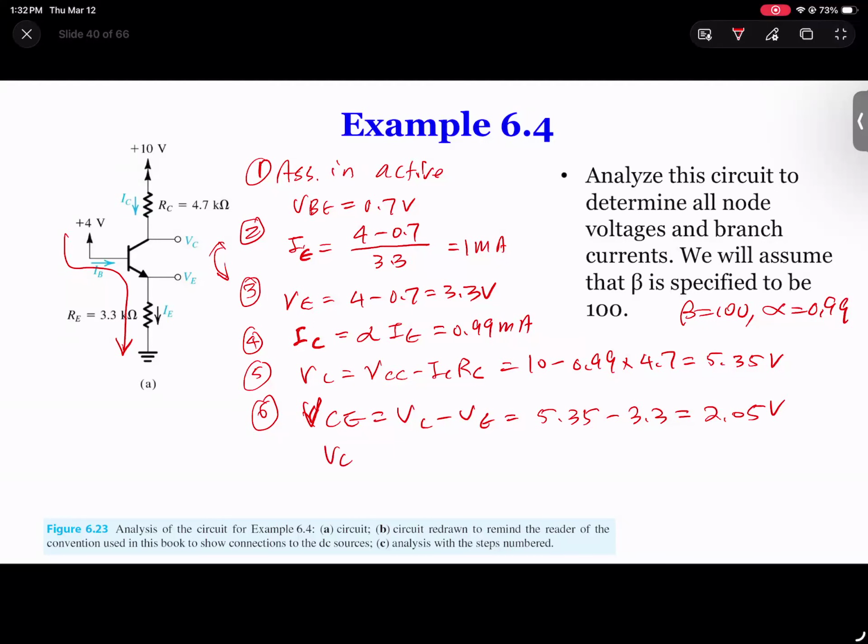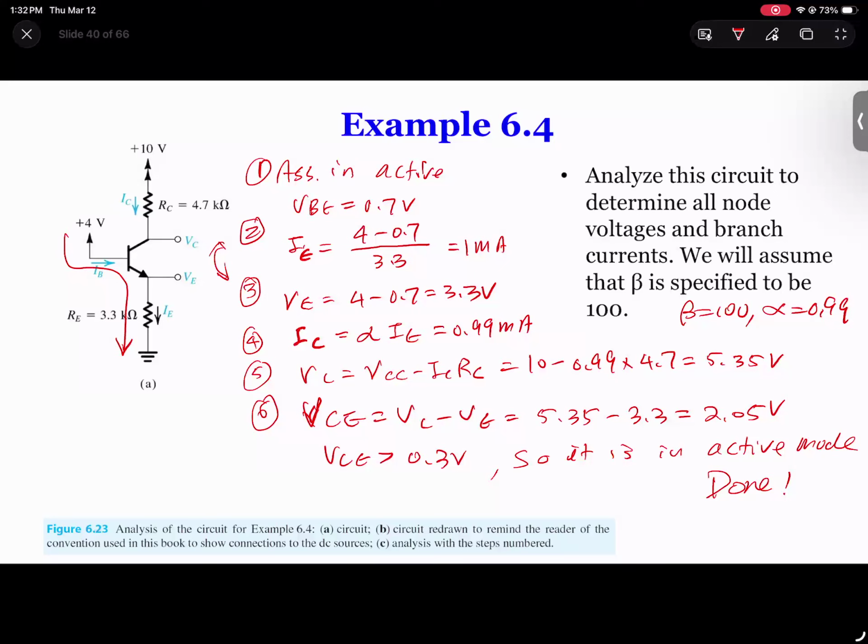This VCE is larger than 0.3, so it is in active mode. To do the first step to find VCE, we have to make sure VCE is more than 0.3.